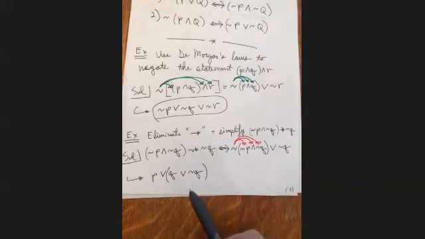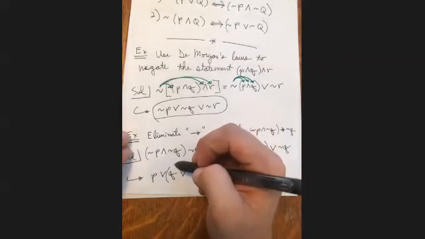It's never false. Because remember, in order for an or statement to be true, you only need one of the variables to be true. But because the two variables are Q and not Q, whenever one of them is false, the other one is true. So there's no circumstance where they are both false at the same time. It's impossible. And since they both cannot be false at the same time, this statement is a tautology.